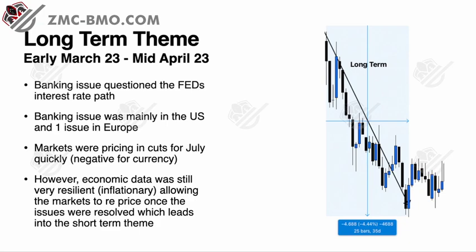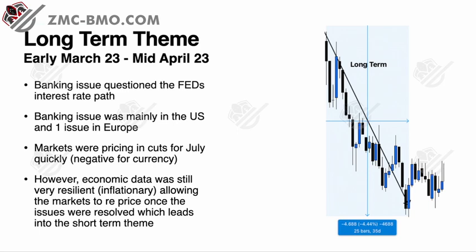And then the markets went pricing in cuts for July quickly, which, as we know, is generally negative for the currency. Before the banking issue, the markets were expecting cuts around September, and then they brought that forward to July. As we know, it has been pushed back all the way into next year, but this short-term theme was questioning the shorter-term theme in the near term.